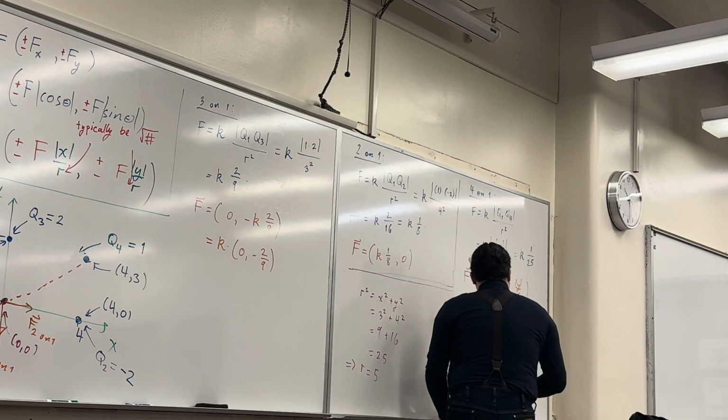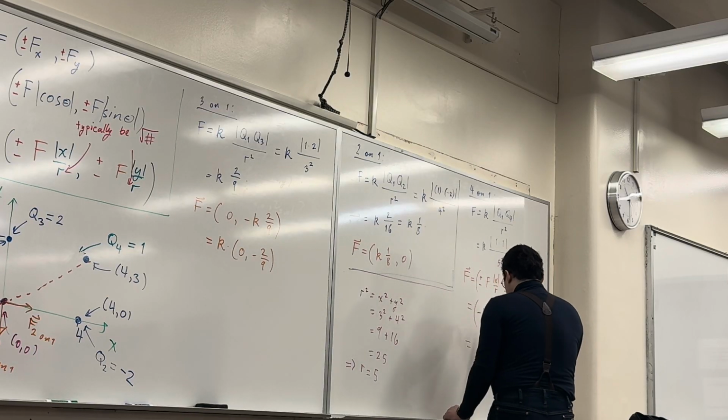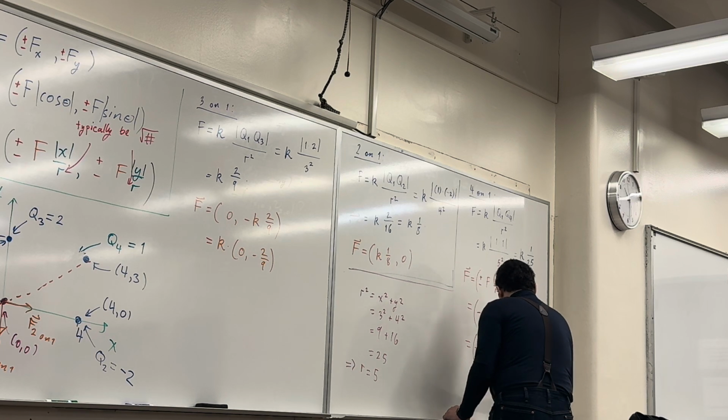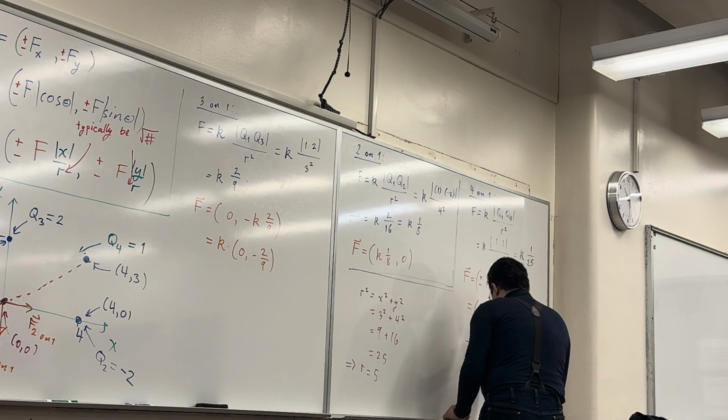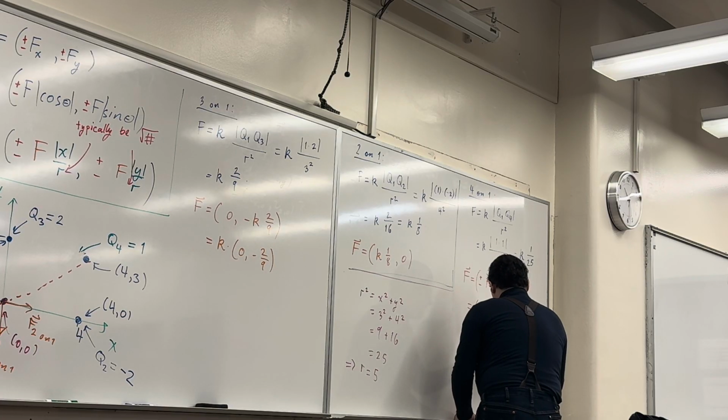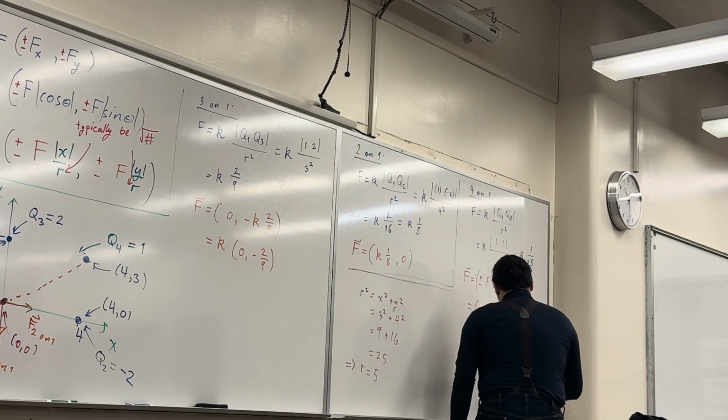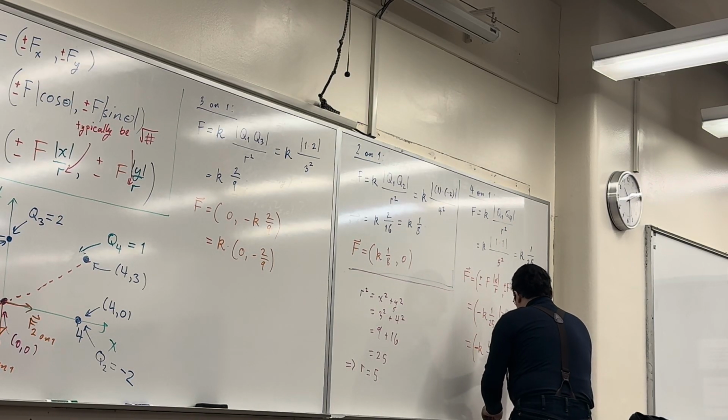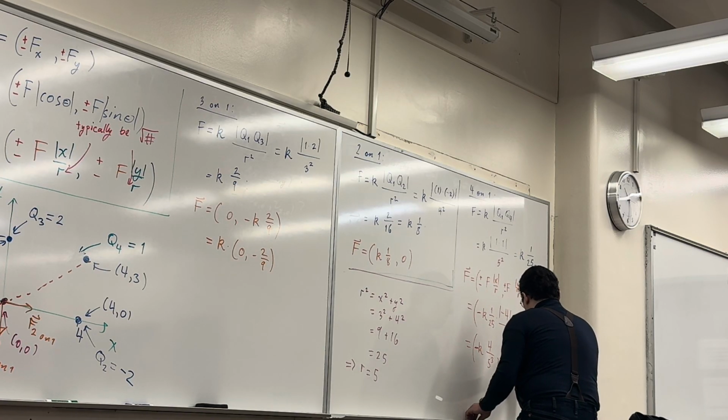Now I'm going to simplify a little bit. We got negative k, I'm going to keep the negatives red so that it's clear that you put that in manually. And then it's an absolute value, so it's 4 over 5 cubed, not 125. And then comma minus k 3 over 5 cubed.